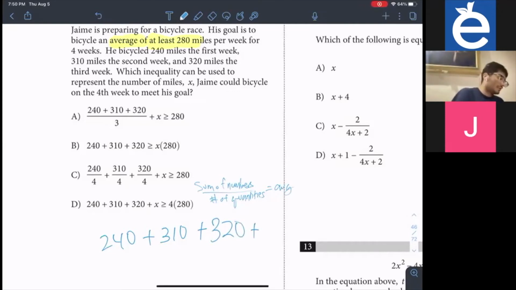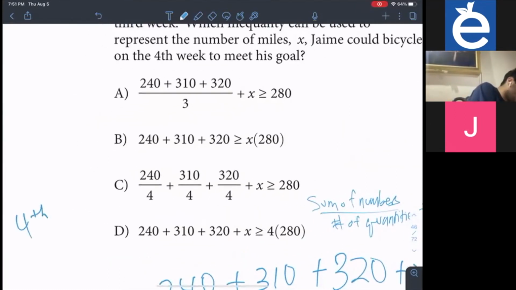So we can label the 4th week as x. 4th week equals x.